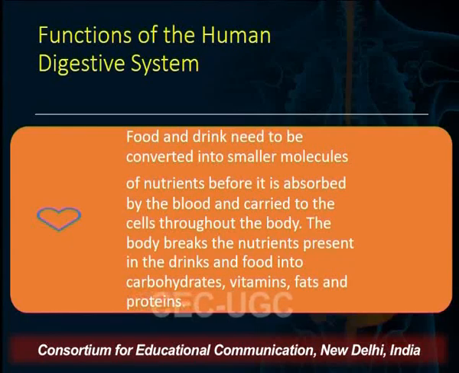Food and drink need to be converted into smaller molecules of nutrients before they are absorbed by the blood and carried to the cells throughout the body. The body breaks the nutrients present in drinks and food into carbohydrates, vitamins, fats and protein.